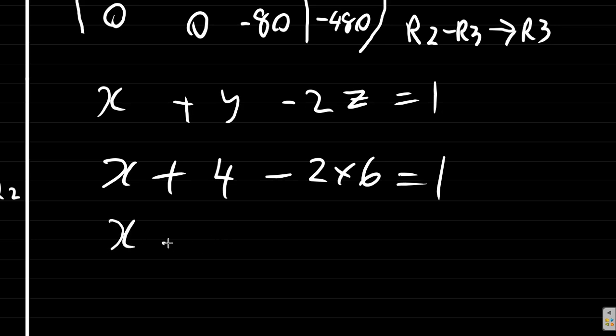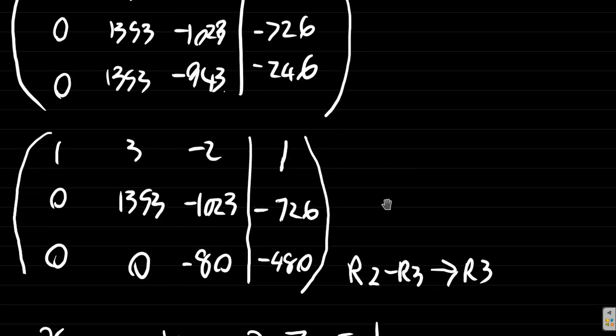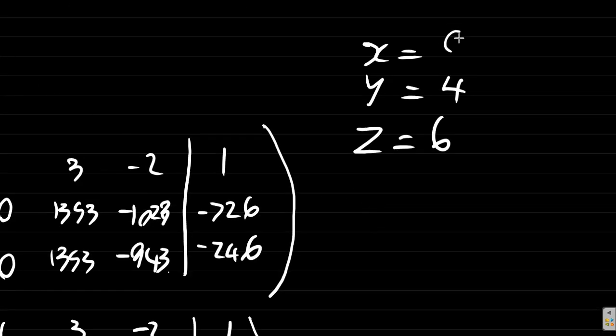So x plus 4 minus 12 equal 1. 4 minus 12 is negative 8. So x minus 8 equal 1. So what is x equal to? Add 8 to both sides, so I get 8 and 1, 9. So x would be equal to 9 in this case. x equal 9. So you have your answers there.